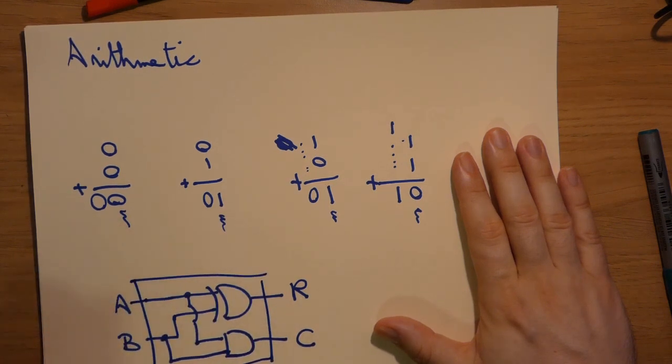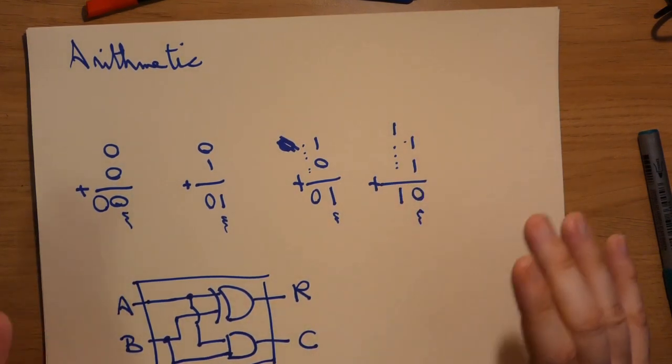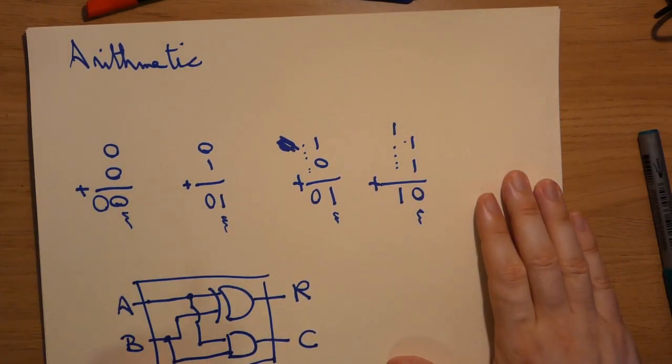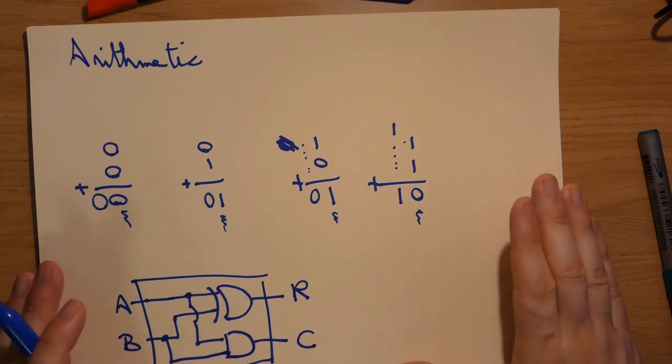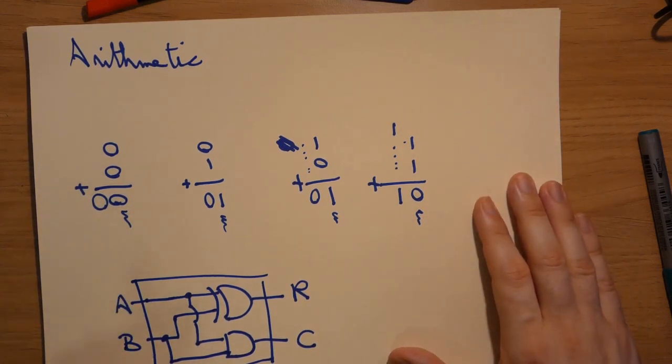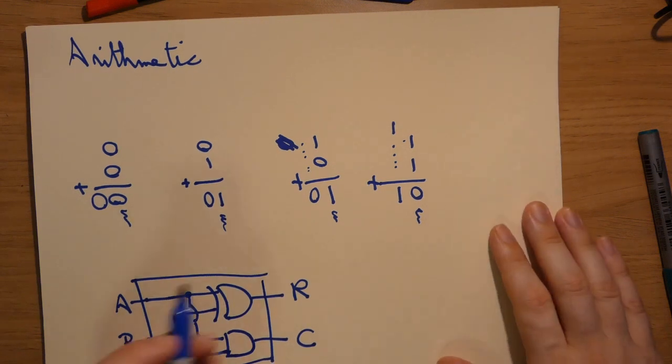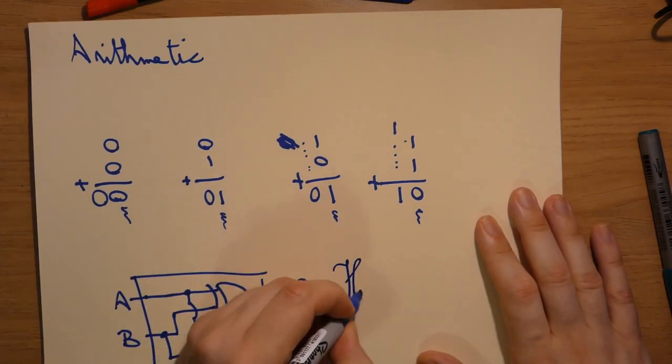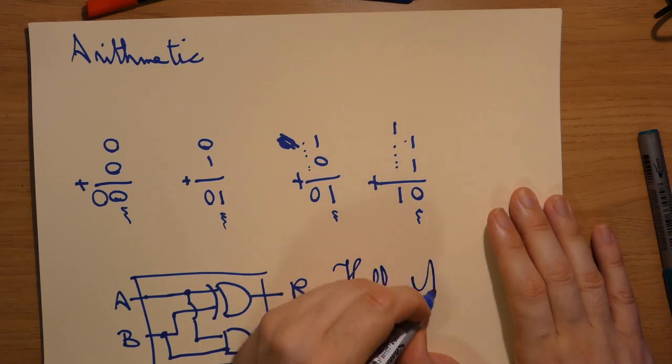So if I build a box like this, I've basically designed a device which is capable of adding single binary digits. So this is known as a half adder.